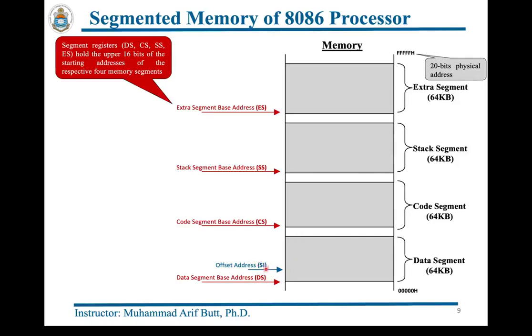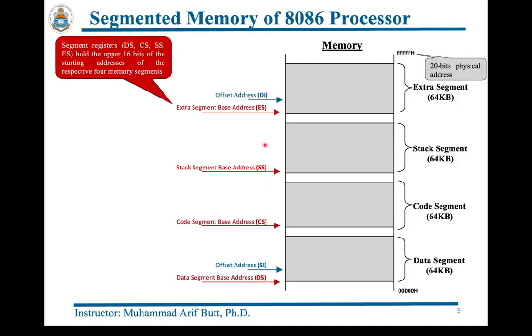Since this SI is of 16 bits and can address a 64K memory, it can start from the starting address of the data segment and can move up to the last address, that is the 64K address. So this SI, which is of 16 bits, can easily contain the 16-bit offset within this data segment.